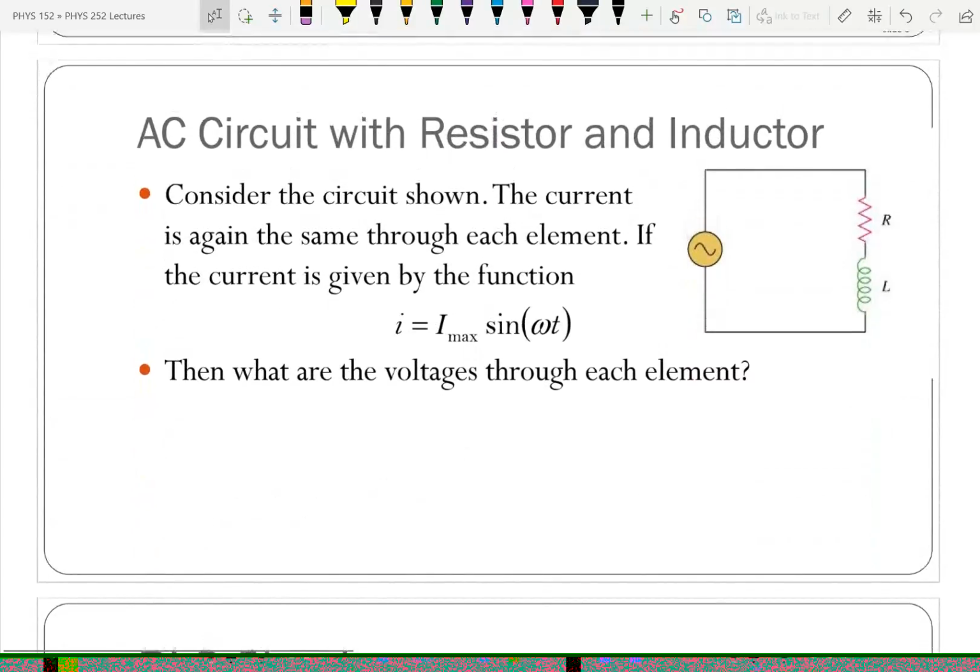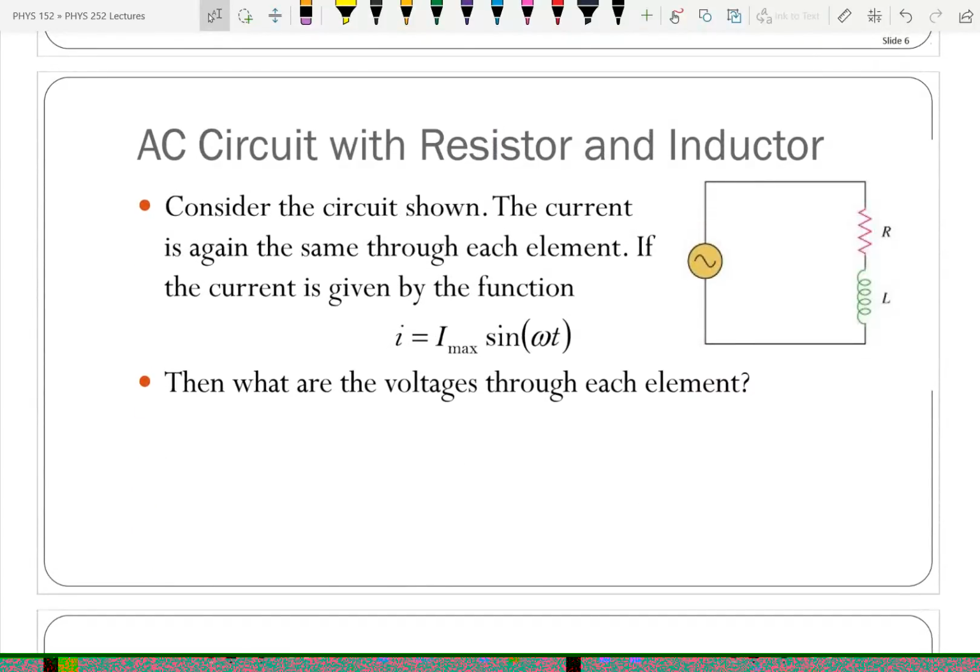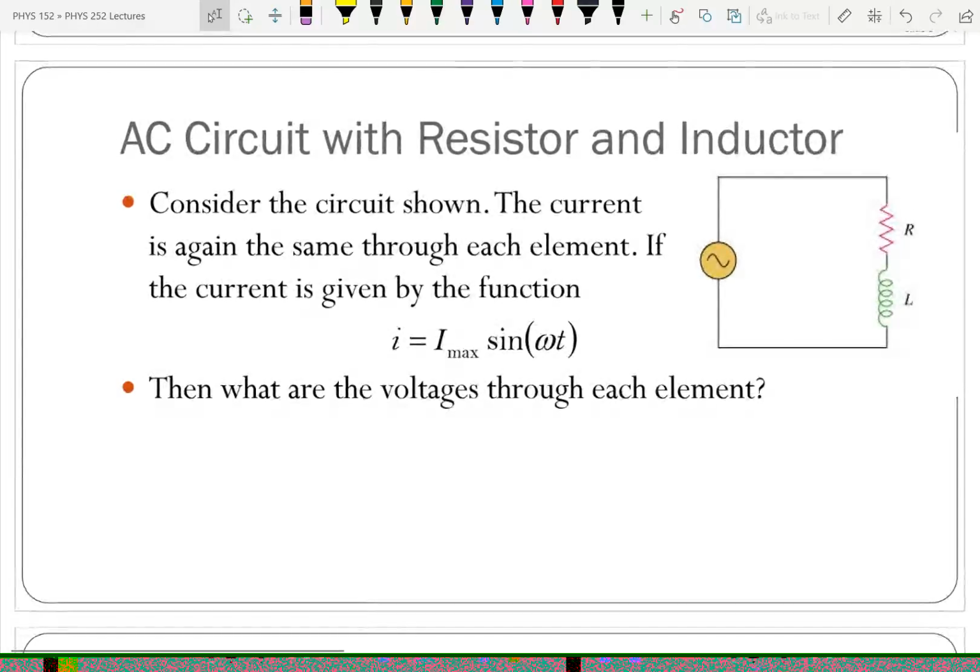So now we're going to do the same basic problem, but now we have a resistor and an inductor. So what's the voltage across the resistor here if my current is the same current? I max R sine of omega t, just like we did before.